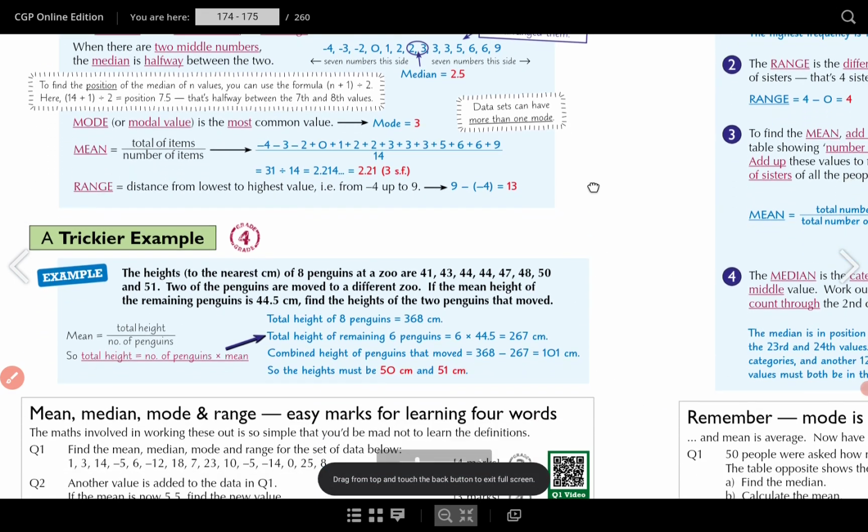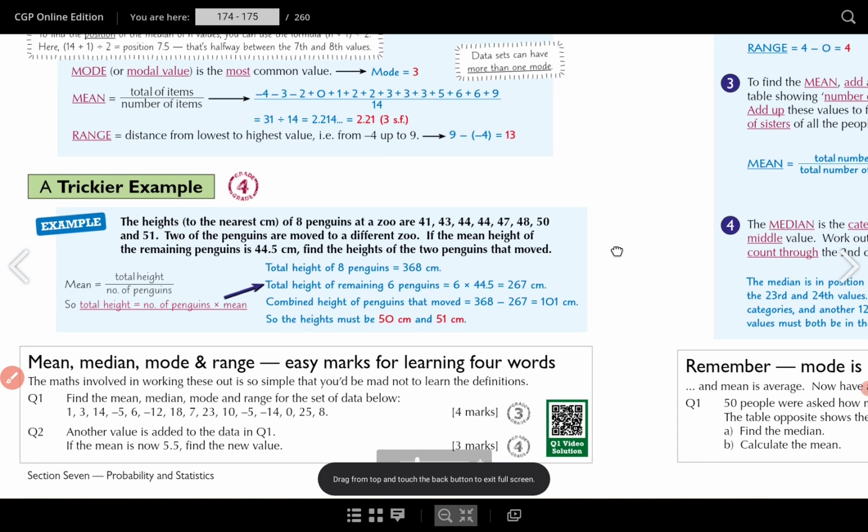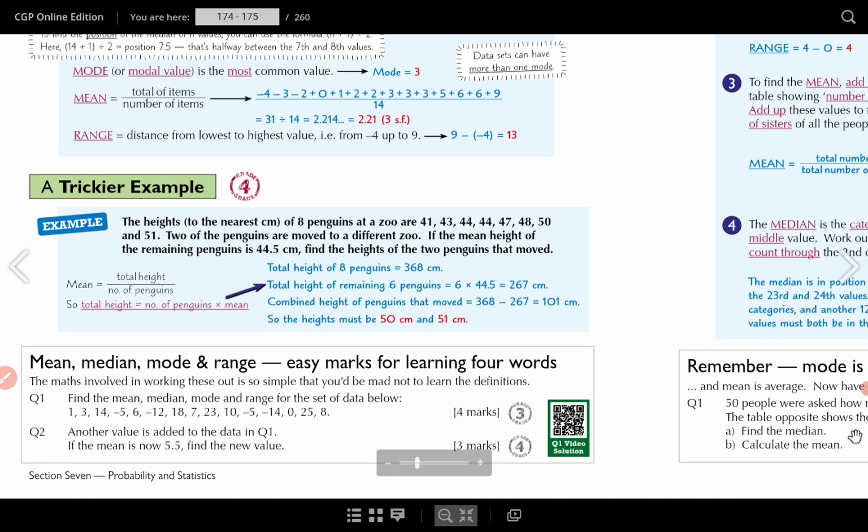So you have this example, a tricky example as they say. The heights to the nearest centimeter of penguins at the zoo are 41, 43, 44, 44, 47, 48, and 50.